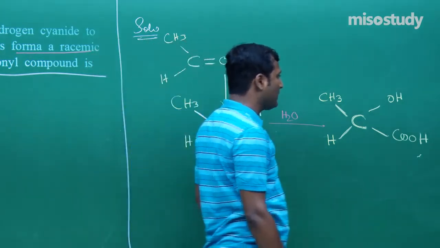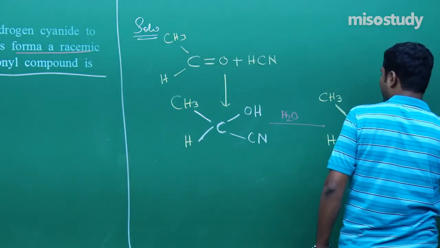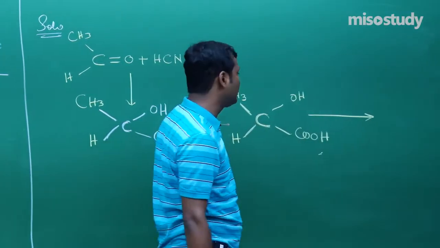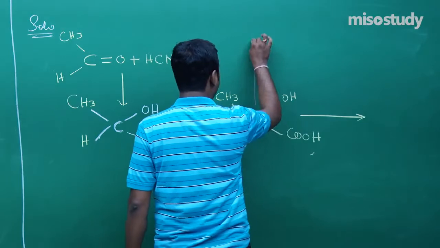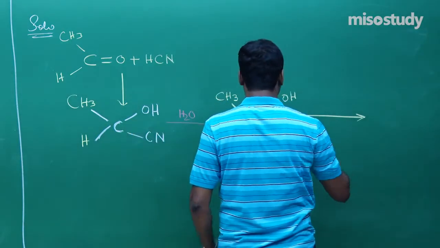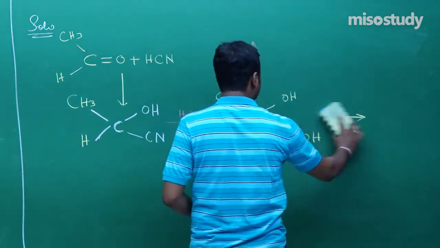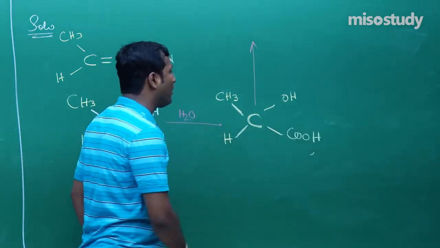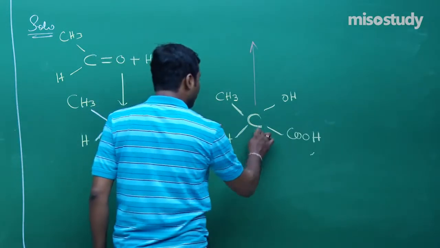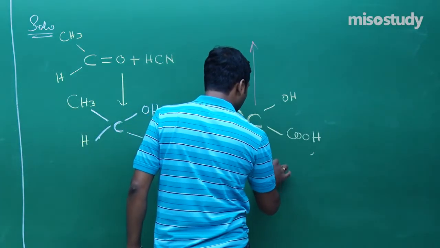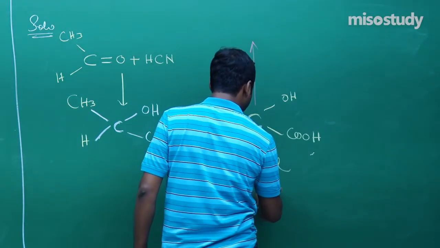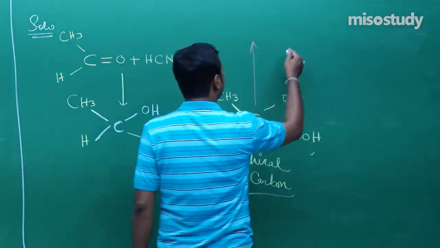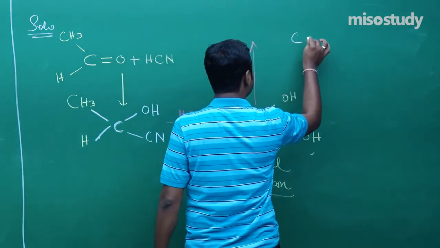Now in this case, what will happen? They are optically active. It will exist in two forms. The two forms are, wait for a moment, the D and L form, optically active. Why optically active? This one is a chiral center, chiral carbon. Clear friend? So they form the D and L forms.